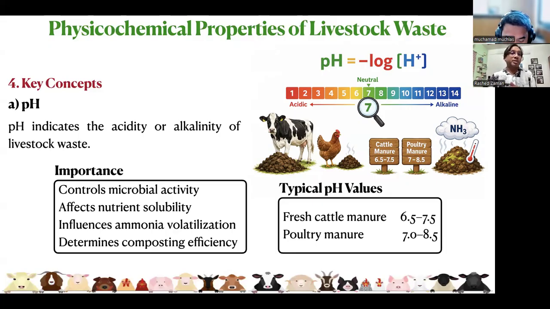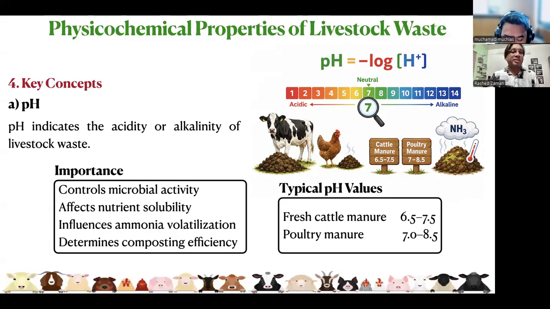So the importance of pH is very high. First, it controls the microbial activity, because at a certain pH level the microbial activity will be highest, and they can easily break down the organic materials.